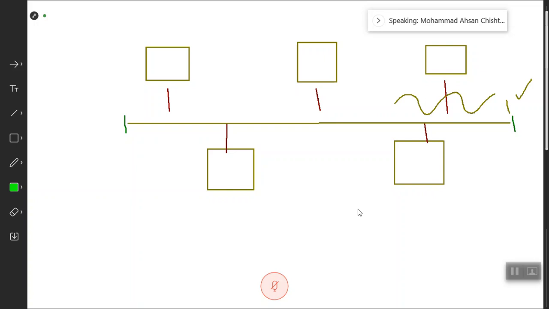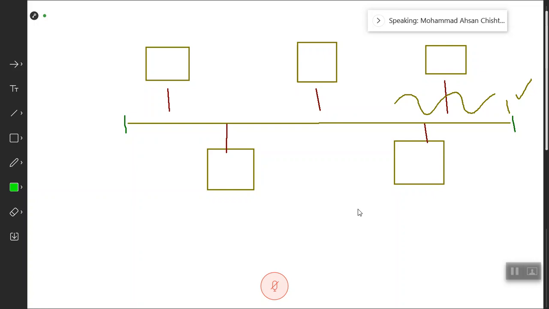It will dampen, it will absorb the signal such that when nodes are communicating, this signal doesn't keep on moving inside it again and again. This is what we know as a terminator. It prevents the signal from bouncing back. Basically it has a very high impedance which doesn't let the signal bounce back.